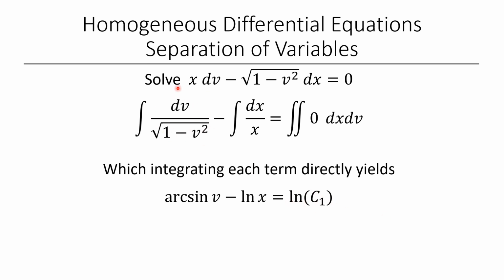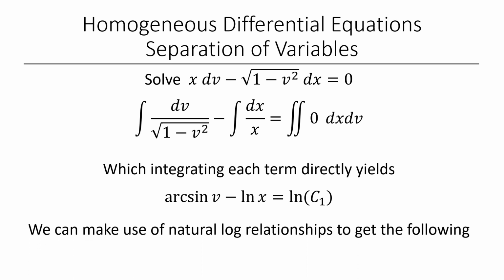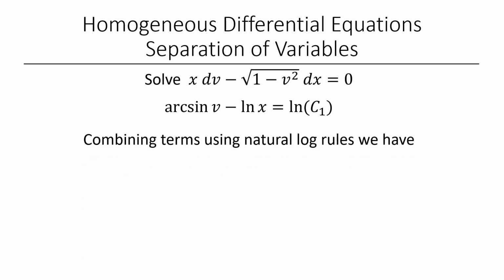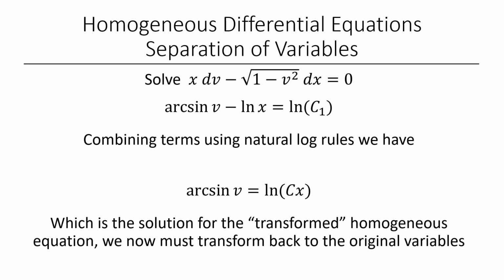And again, the arc sine is the defined integral for this from any integral table. And of course, 1 over x always integrates to natural log of x. So we can make use of natural log relationships and get the following. And combining terms and using natural log rules, we come up with this final equation.